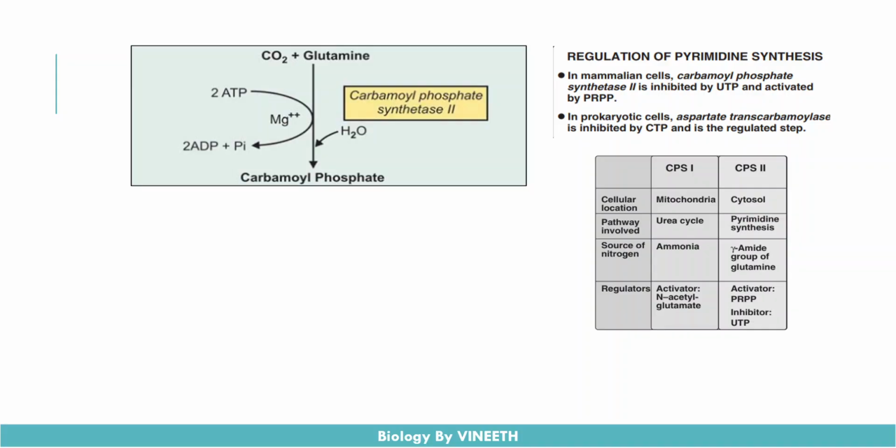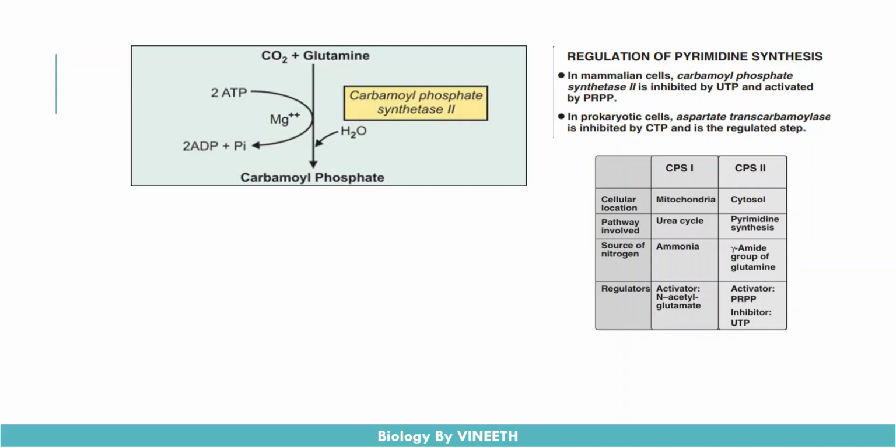The first step in the pyrimidine synthesis is linking the carbon dioxide with the amide group of glutamine. This glutamine amino acid donates the nitrogen atom, and when carbon dioxide reacts with this amide group, it forms carbamyl phosphate. This carbamyl phosphate also has a phosphate that comes from the ATP molecule.